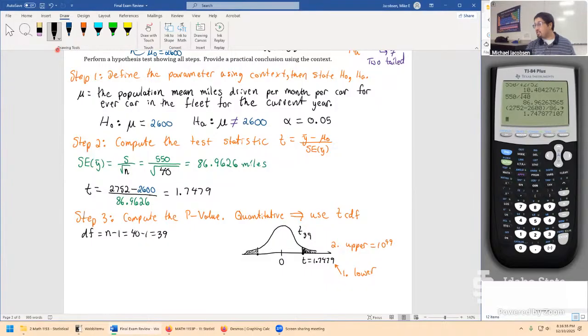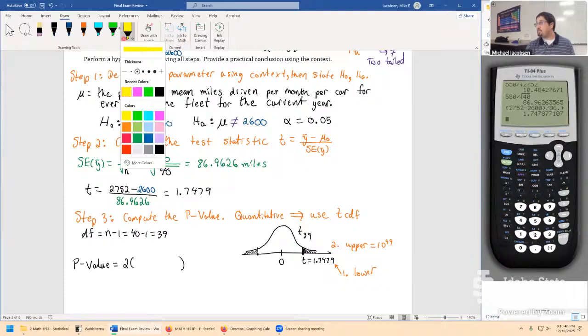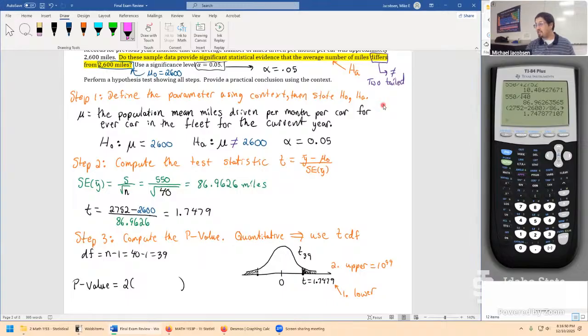Now, before going into the calculator, let's write out that the p-value is going to be 2 times some number that we're going to pick up. The reason it's 2 times is because, once again, the whole test is two-tailed.